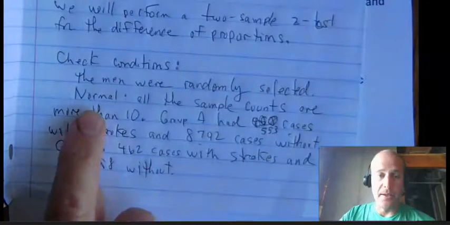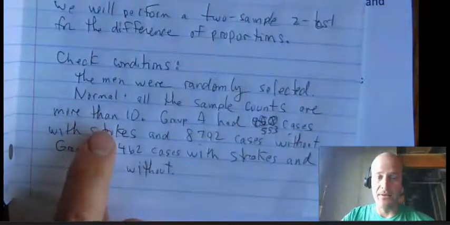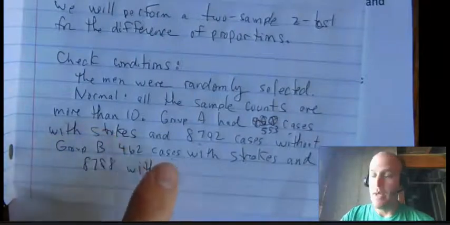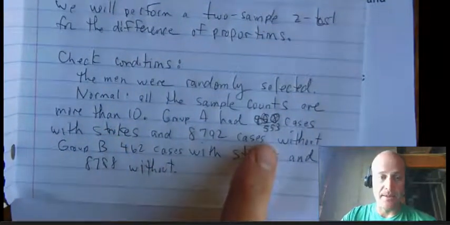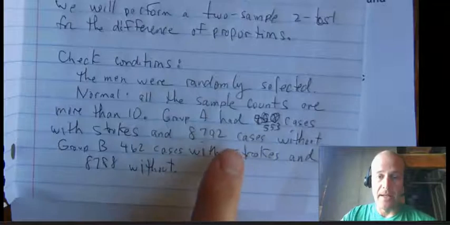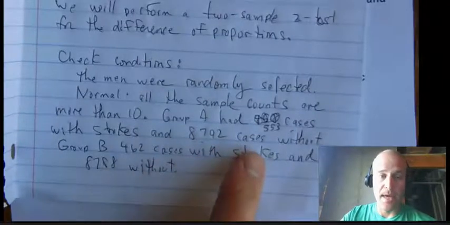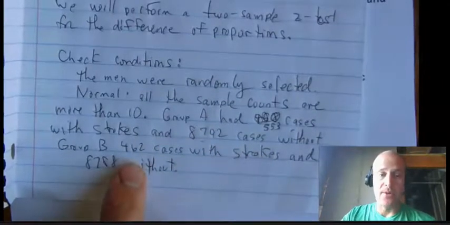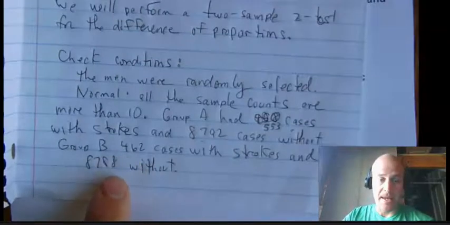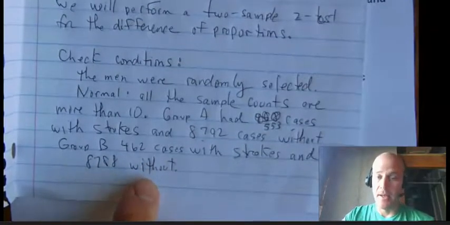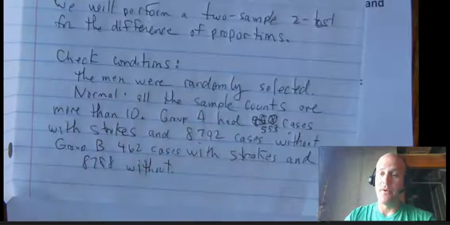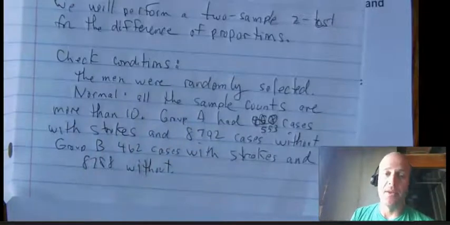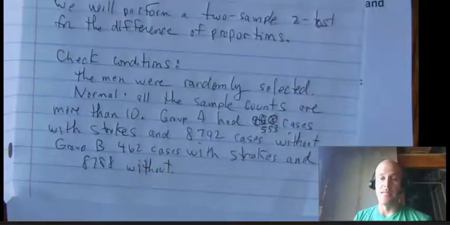For the normality condition, all the sample counts are more than 10. Group A had 553 cases with strokes and 8,792 cases without. Group B had 462 cases with strokes and 8,788 without. Since all of these 4 failures and successes are more than 10, the normal condition is met.